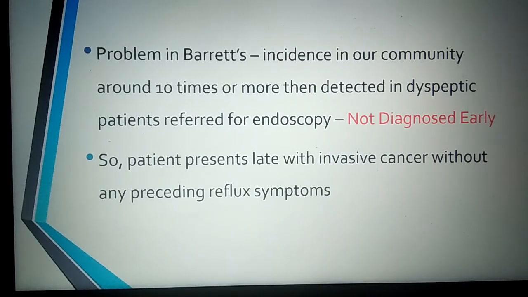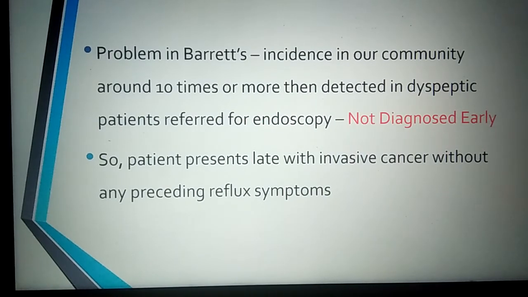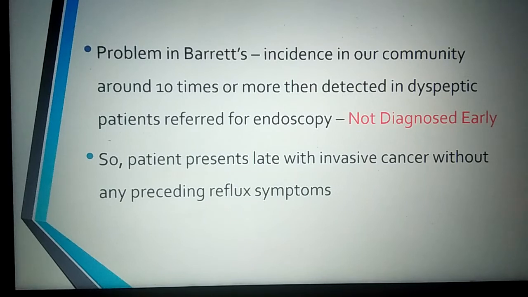These patients are usually not diagnosed early, because most of them are just taking proton pump inhibitors, and slowly the columnar epithelium in Barrett's esophagus develops features of carcinoma in situ. Then the patient presents late with invasive cancer without any preceding reflux symptoms. So these patients are usually not diagnosed early.